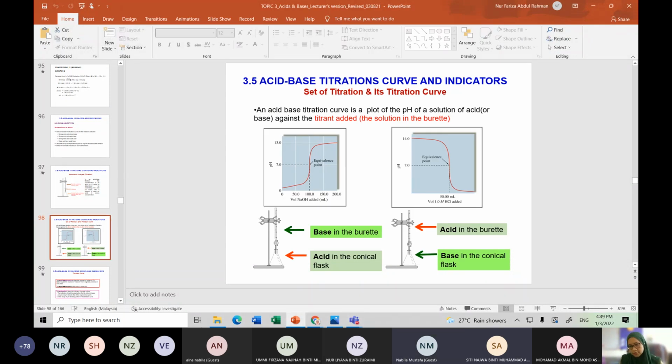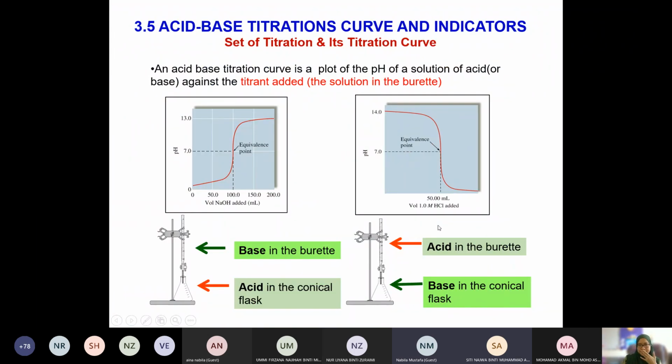Right, so let's continue. Okay, all right, so yes, okay, so this is the equivalent point. We will look at what is equivalent point later on. So this is basically the titration curve that you should know, especially on how to sketch the titration curve when you are asked to do so.